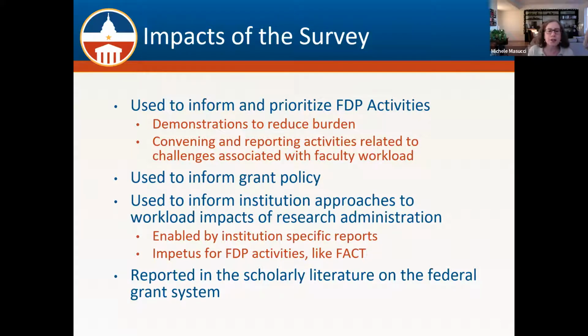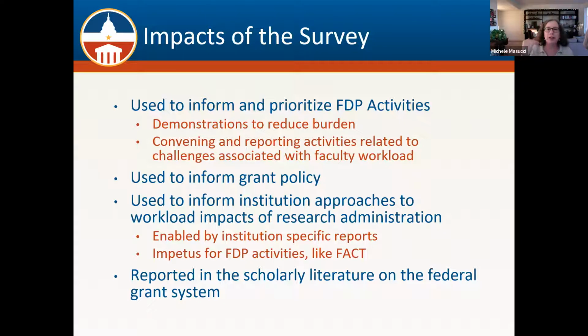A second thing that the survey does is provide a data point that can inform some grant policy. So there's going to be a lot of attention at this particular meeting of the new Office of Science and Technology guidance that was just provided around research security, which will be the focus of a session on Thursday.